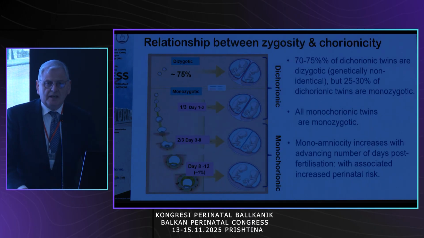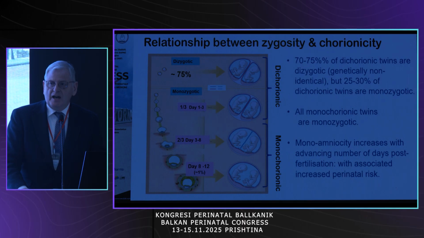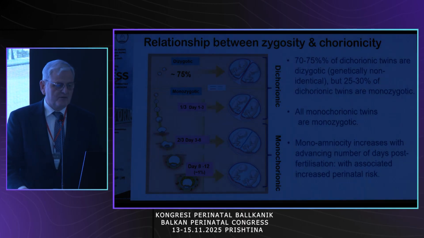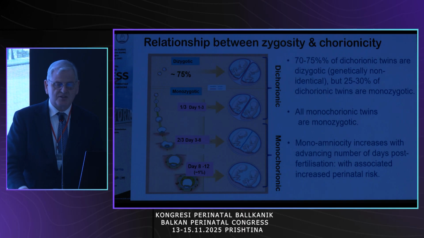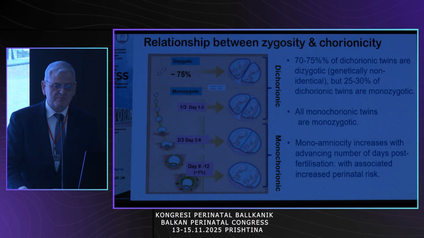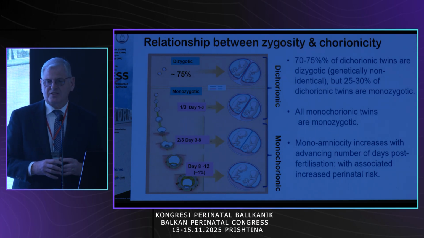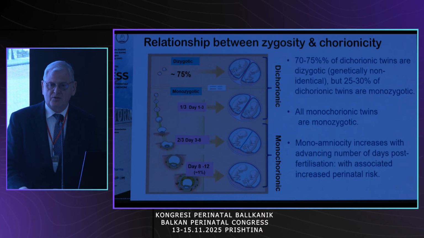You'll know that the underlying pathogenicity of twin pregnancies is related to both zygosity and chorionicity. About 70 to 75% of dichorionic twins are dizygotic. 75% of those are due to fertilization of 2 separate eggs, and about a third are associated with the separation of a blastocyst to form a dichorionic twin pregnancy early on.